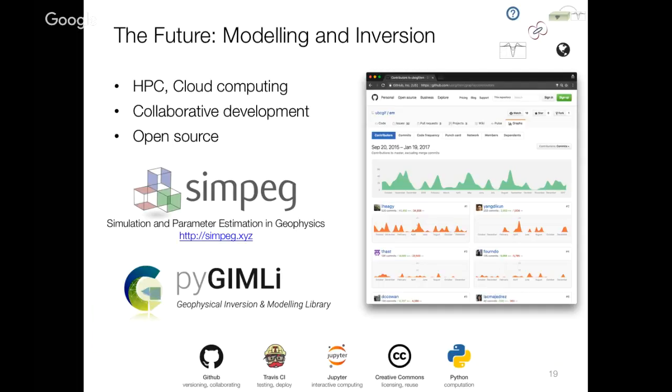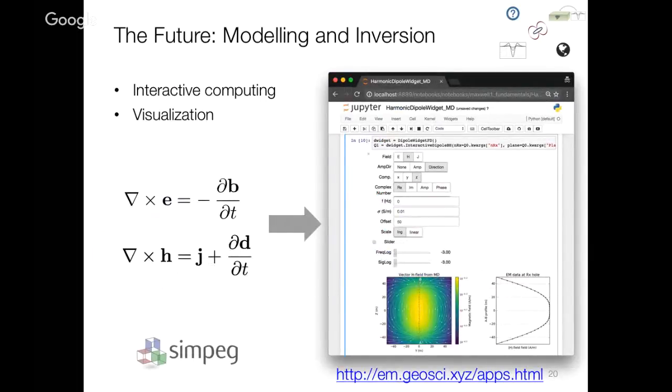Lindsay will take you through what we have there. And there are also other groups developing Python-based simulators and inversions. So we get a community that's connecting through GitHub for version control and making sure that everything really is open access and properly taken care of.